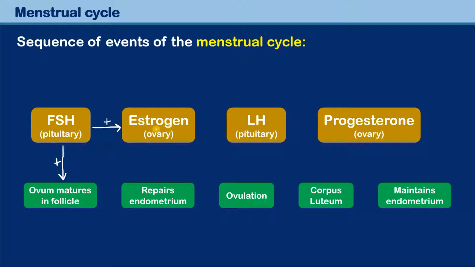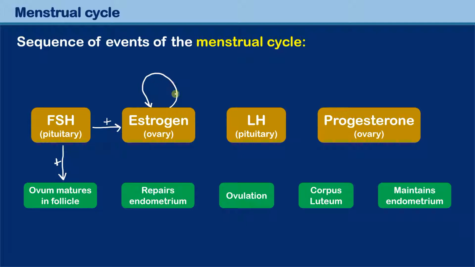This estrogen produced by the ovary now has an interesting effect on the ovary itself. So I'm drawing an arrow back from estrogen to estrogen, because the estrogen, which is made by the ovary, tells the ovary to become more FSH sensitive, and as a consequence to produce more estrogen.